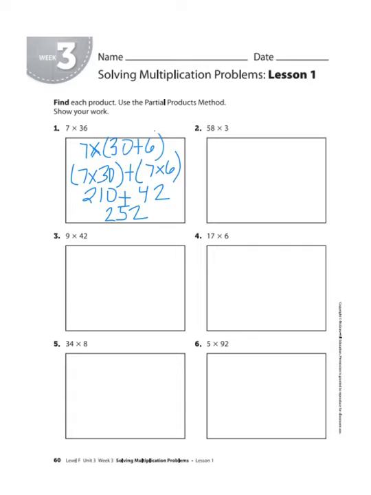For number 2, 58 times 3, the first step, I'm going to break apart my 2-digit number, which is 58. So this is going to be 50 plus 8 times 3. Step 2, I'm going to multiply what's inside parentheses. So this is going to be 50 times 3 plus 50 times, nope, I made a mistake. Whoops.